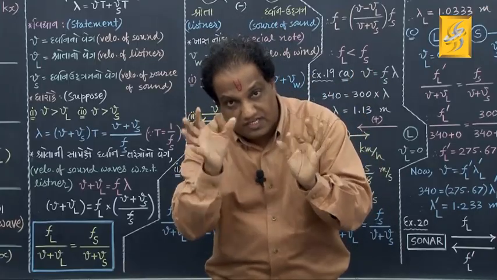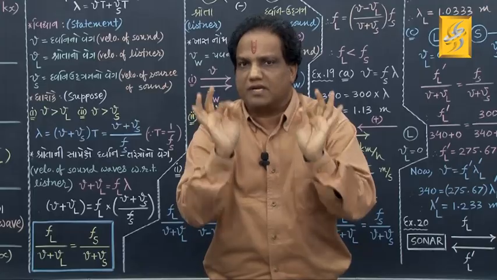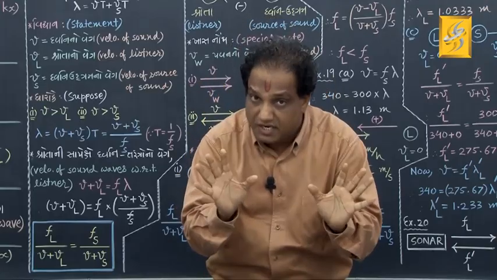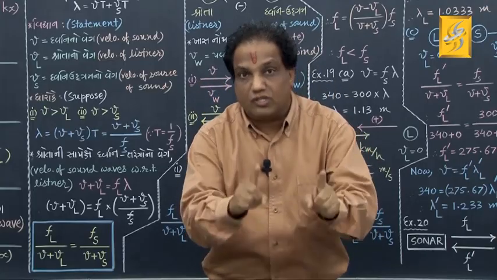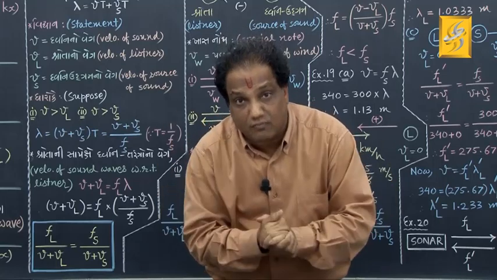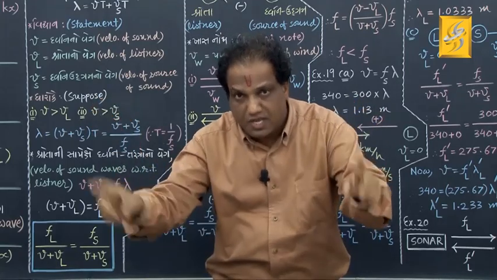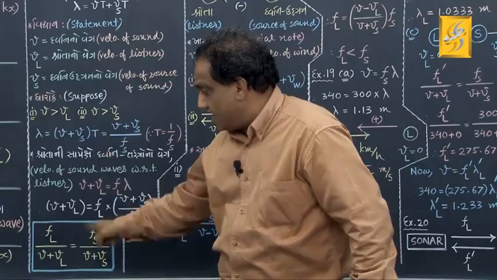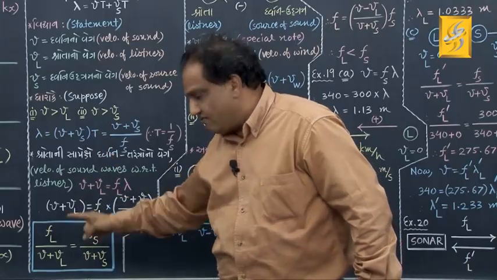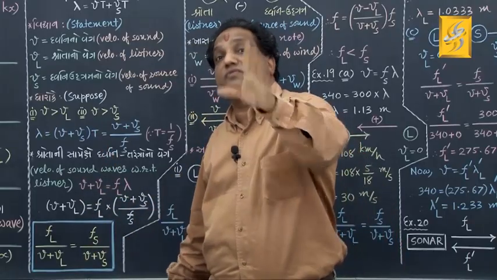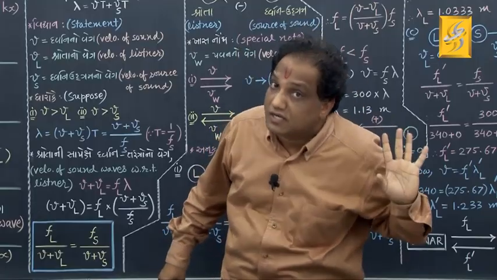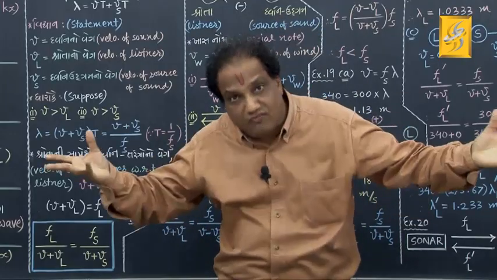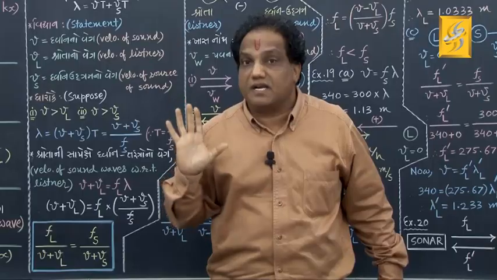If you follow that sign convention, then the calculation would become very easy. Not only that, for all the possible 6 cases of relative motion between listener and source, in each case you can apply the same formula. Using the same formula, every time you can find out frequency of sound heard by the listener. So it will become very easy for us if we adopt that sign convention.